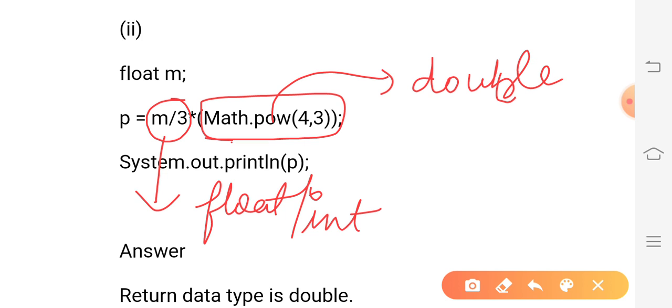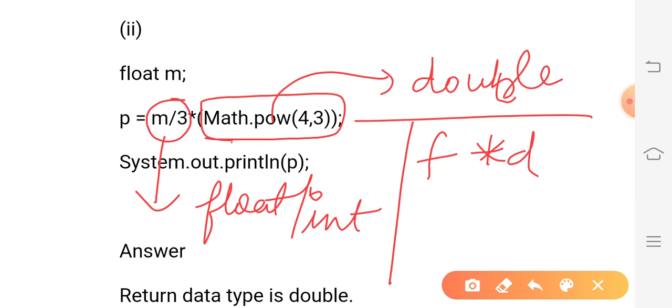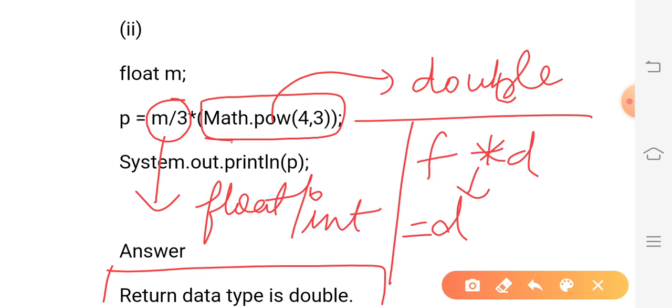So float multiplied with double, the answer will be in double. Okay, so here is the answer. Return data type is double. I hope the answer is clear to everyone.